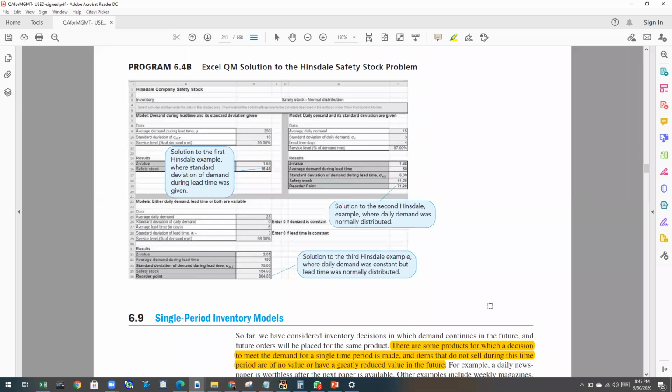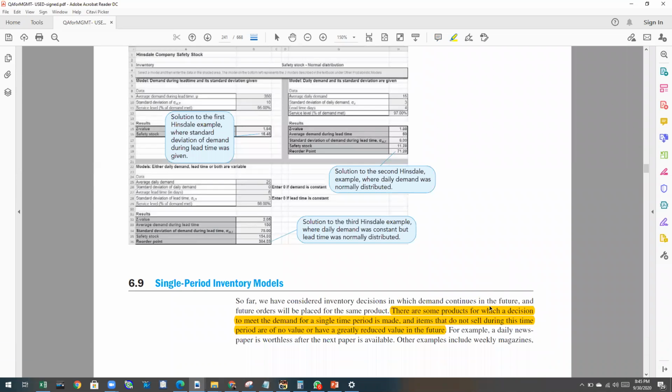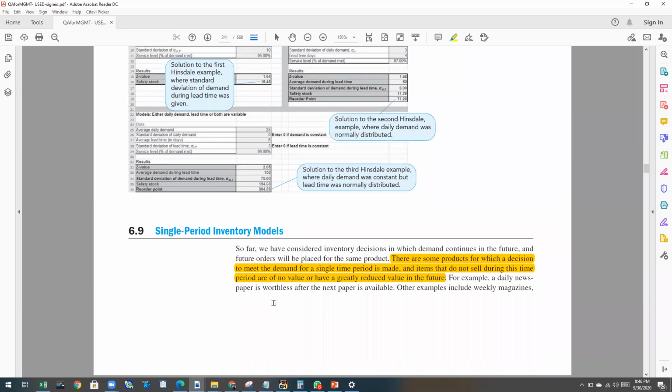In this video, I will show you how to solve single period inventory models using POM/QM. In past videos, we reviewed how to solve inventory control problems, or EOQ, when demand will continue into the future.